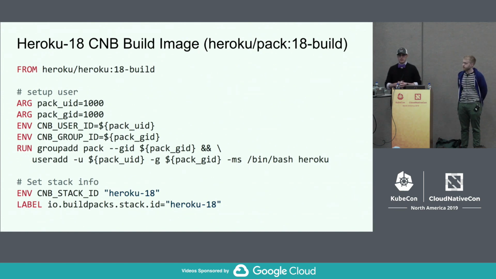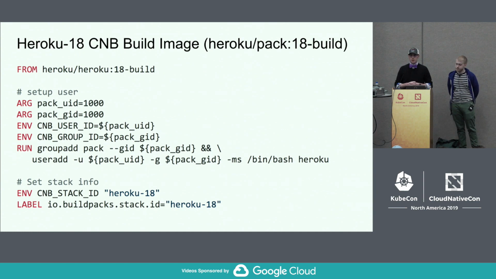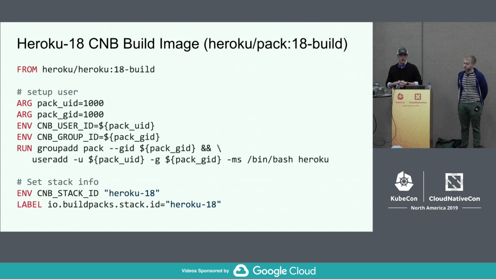To create that stack, we have to add a few more layers on top of this. We define a few CNB underscore environment variables. These environment variables are defined as part of the Buildpack API specification. We define the CNB user ID and group ID for the user that Buildpacks will run as. Buildpacks do not run as root. It's a feature. And then the CNB stack ID so that the platform can know what stack it's actually working with.